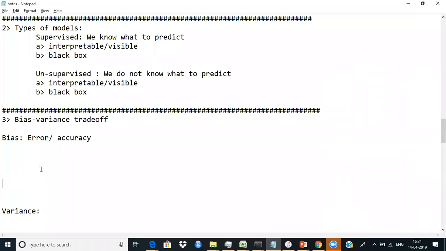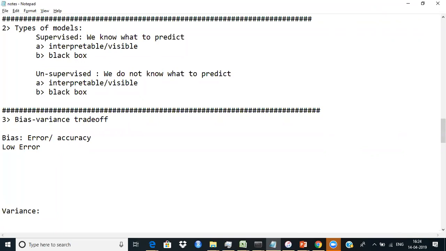Now let's talk about this in detail. When I say bias, think about why we are building any model. We are building a model to actually predict something, or to actually quantify something. Ideally, we would like our model to be very accurate. That's why you build the model. In other words, you want a model with low error.